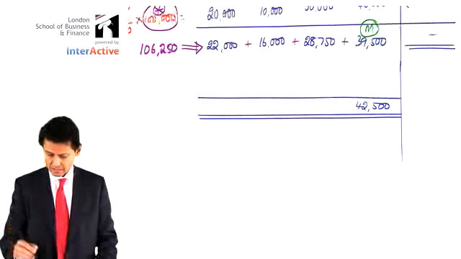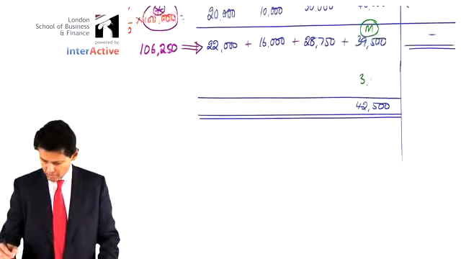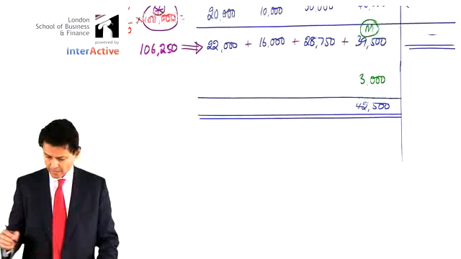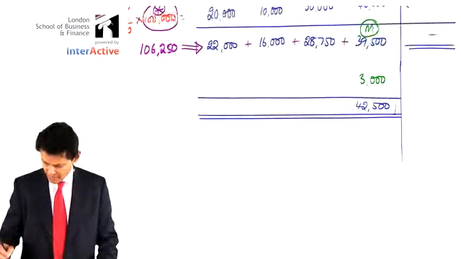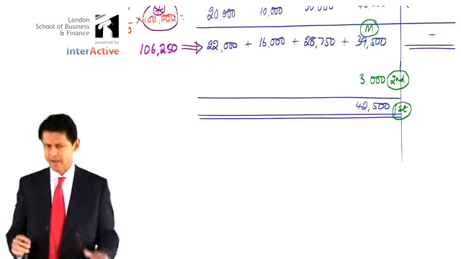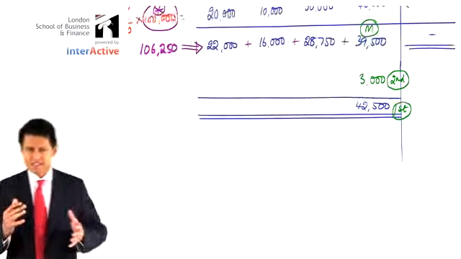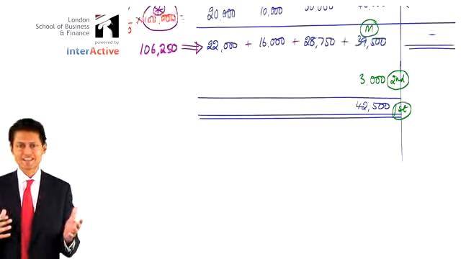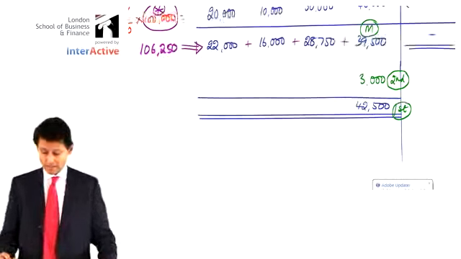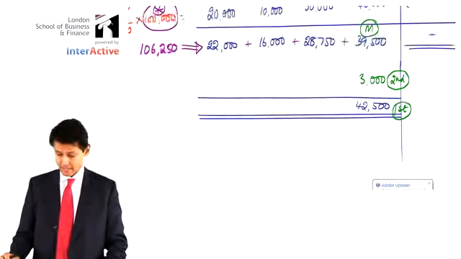There is, of course, a 3,000 extra. So how I did it is I did this first and this second in the last few minutes, apart from first sharing out the 106,250. What we're doing is slightly realigning the partnership shares so that it's based on the agreement, including Mark's extra 3,000.